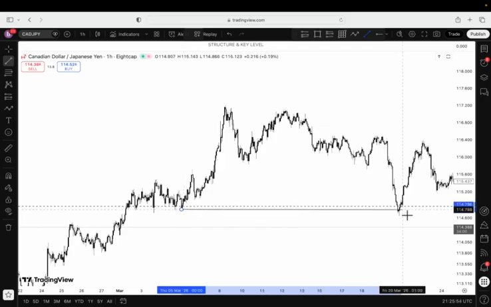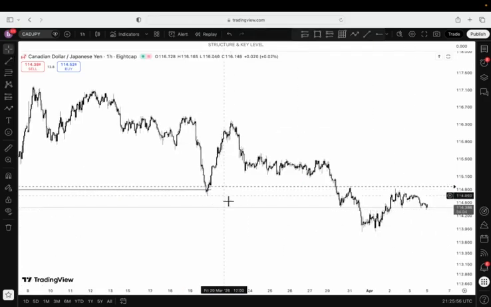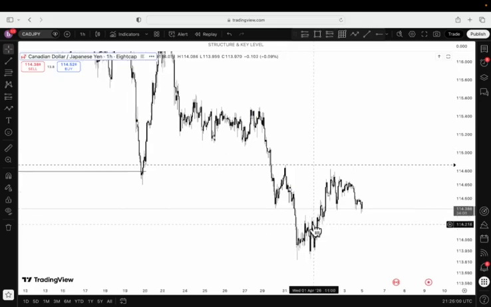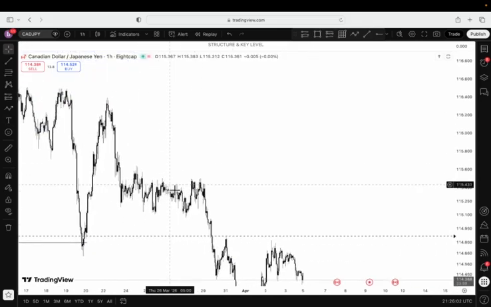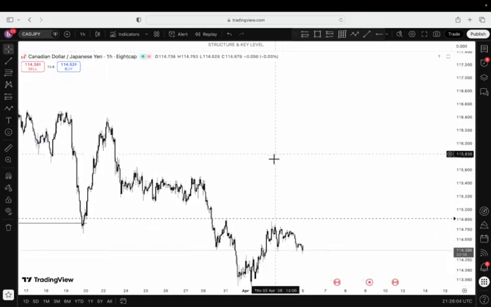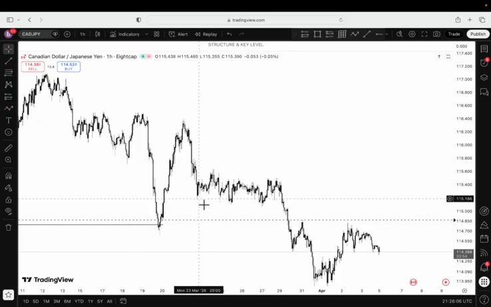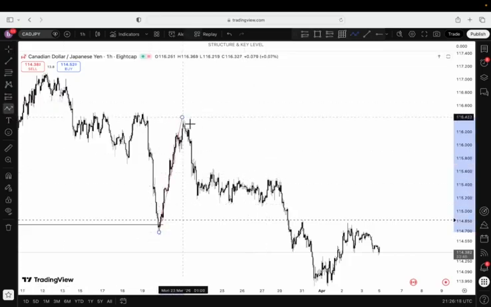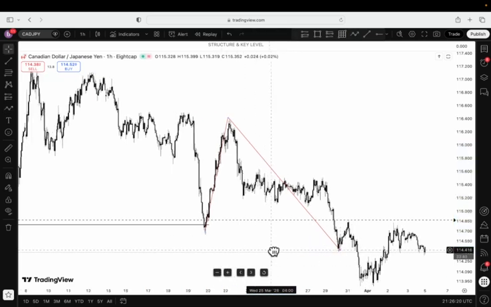So we already know we are bearish here, and this is the make count, which is two. So this is actually a failed external, this thing here.